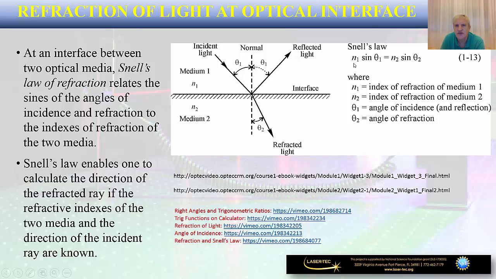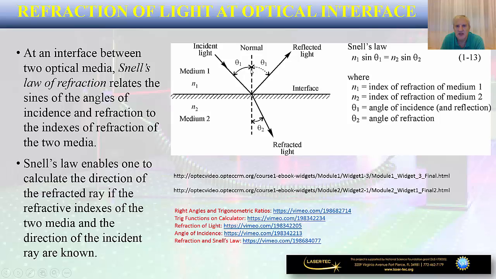N1 represents the index of refraction of the incident medium, while N2 represents the index of refraction of the second medium. The angles theta 1 and theta 2 are the incident angle and refracted angle. How are we establishing these two angles? We are going to first establish the line that's perpendicular to the surface between the two media.